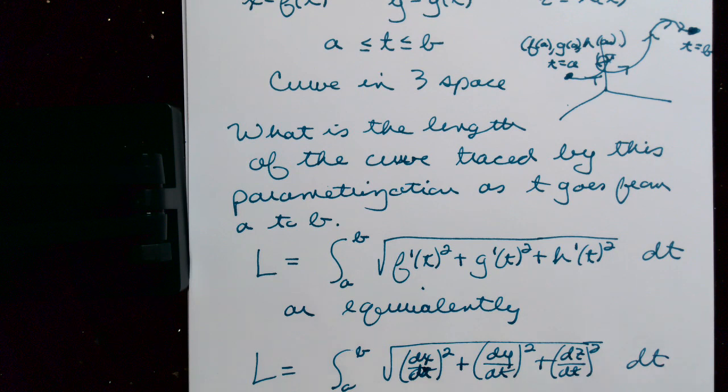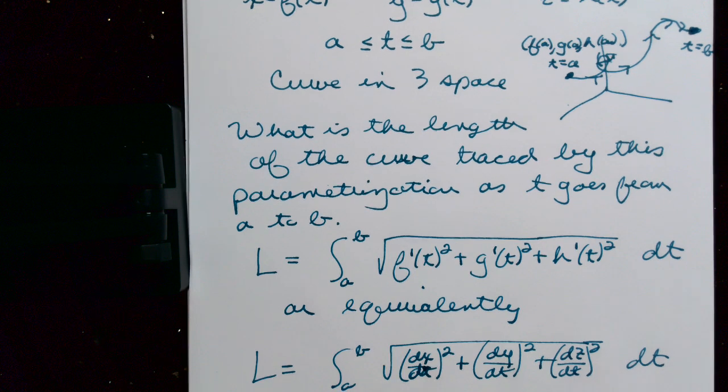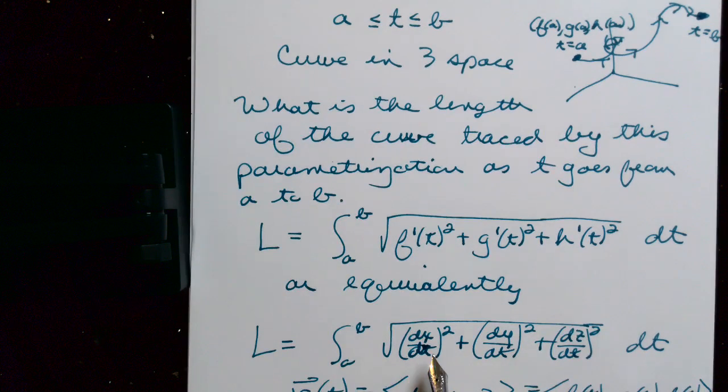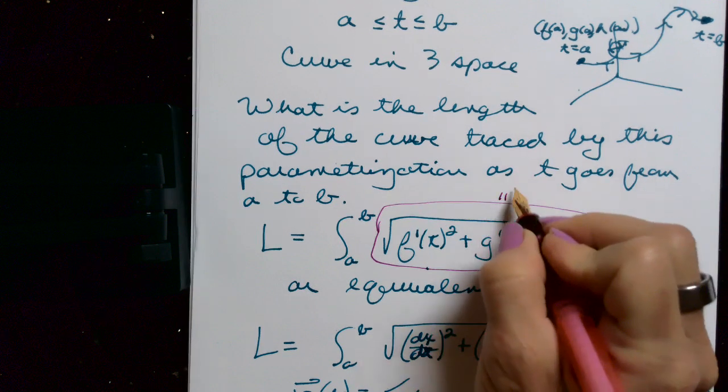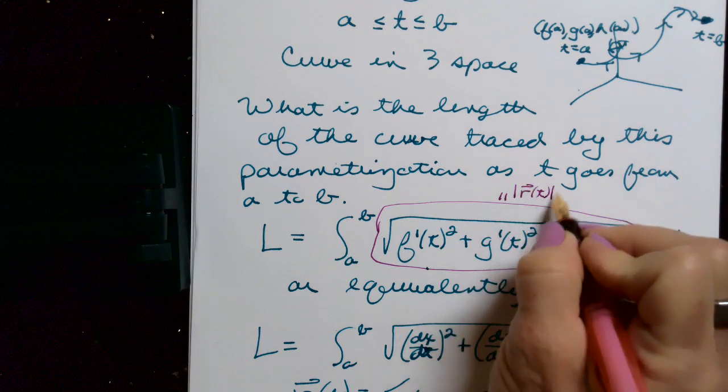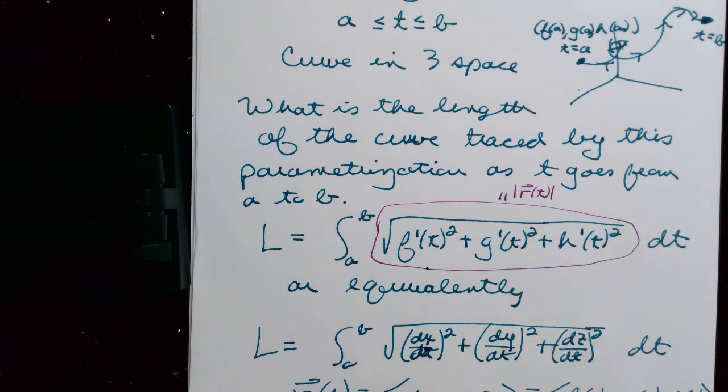If I think of r of t as the vector that traces out the endpoints of this curve with components x, y, z, which is f, g, h, and x, y, and z depend on t through the parameterization, then this integrand is exactly the length of the vector r prime of t.